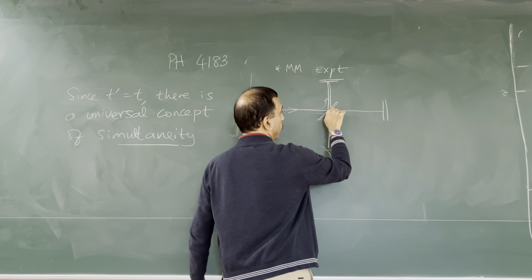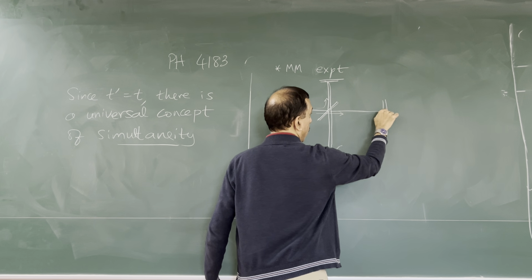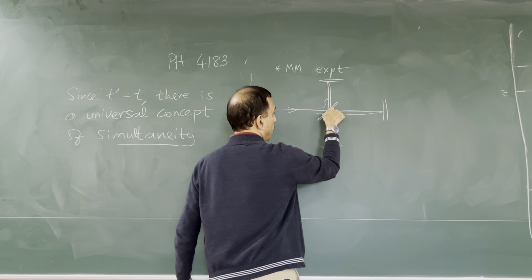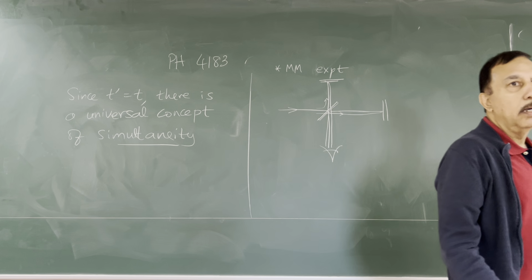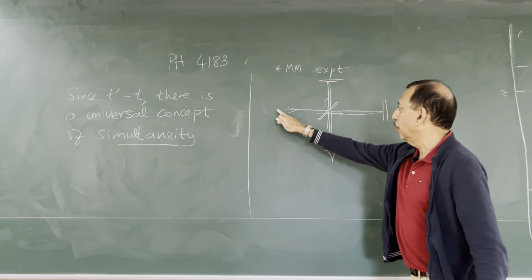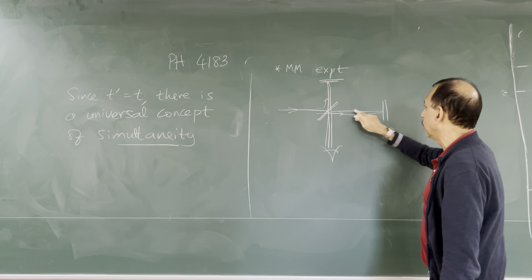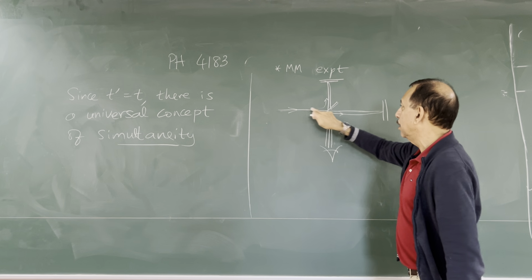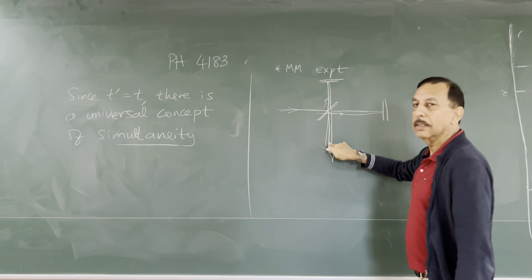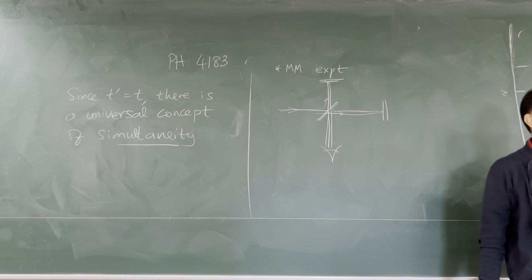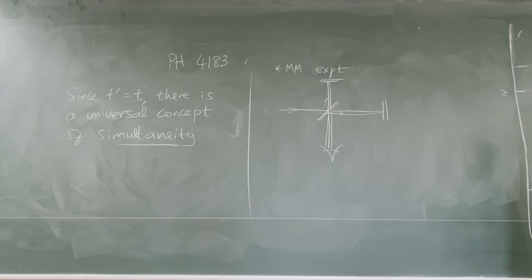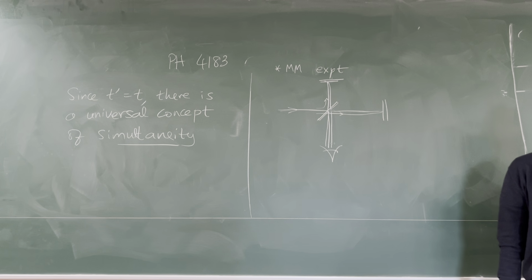And the beam which continues straight will also come back here, and some part of it will also come to my detector. So I'll have two different beams reaching my detector, one which has followed the trajectory this to this to this to this, and the other this to this to that to that to this. They have traversed different lengths. Now the question they wanted to understand is what happens to the speed of light.